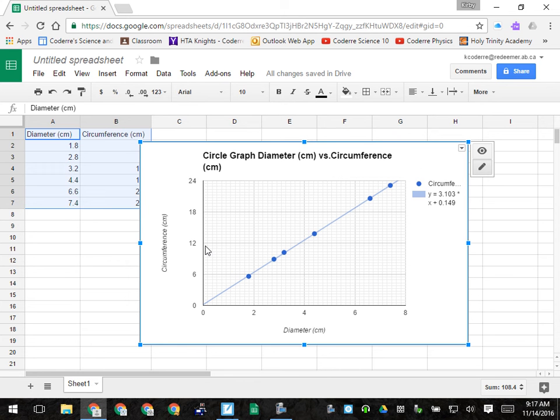If we're doing a lab report, we can now copy this over into our Google Doc where our lab report is being written, which is what you're going to have to do with graphs when we build them in Google Sheets: pull them over and put them in Google Docs. So I would just open up a Google Doc.